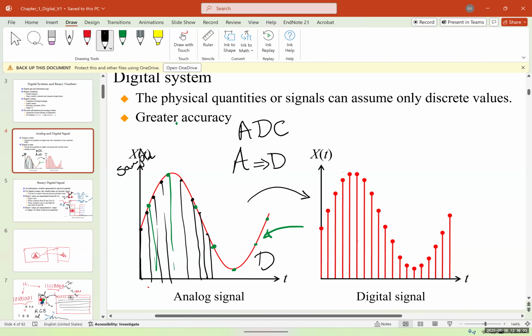And by the way, this is digital to analog, and we call it a digital to analog converter, or DAC. Yes, smooth it, or in other words, you can just connect these dots together. And what we build is actually the original analog signal.